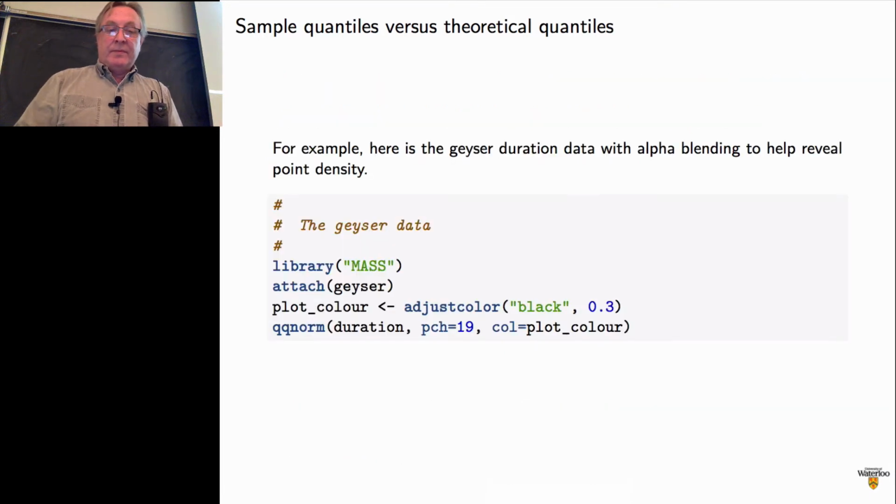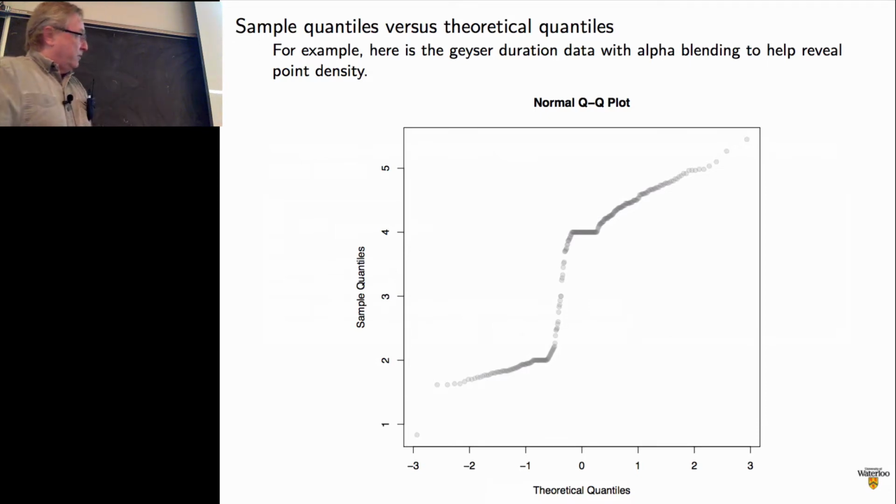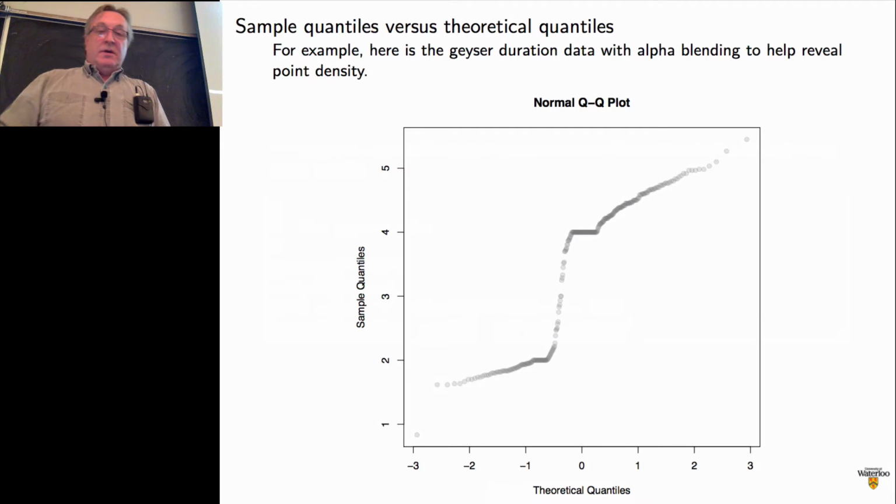Okay? So for the Geyser data, the duration of the Old Faithful Geyser, we see that particular shape. And what we saw before when we were looking at the theoretical quantiles: on the vertical axis are the estimated quantiles from the data, the sample quantiles. On the horizontal are the normal quantiles. And so we see this kind of behavior like we saw before.